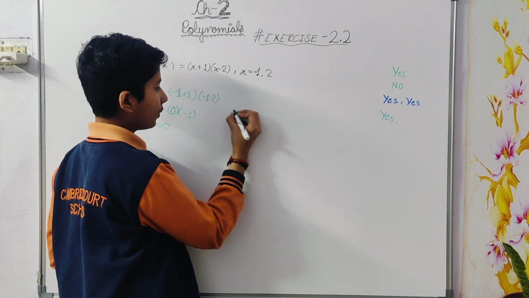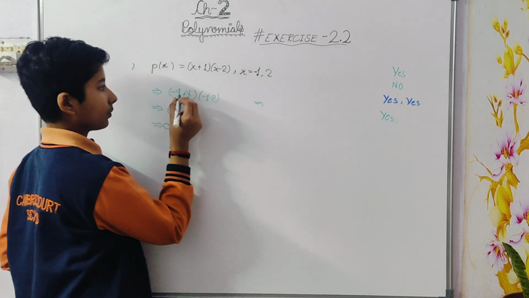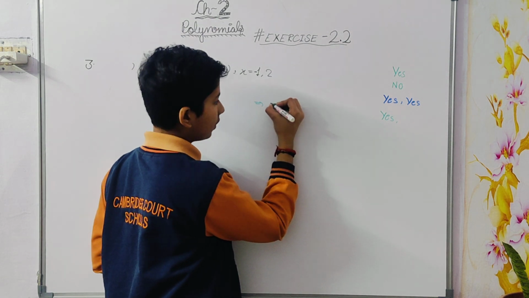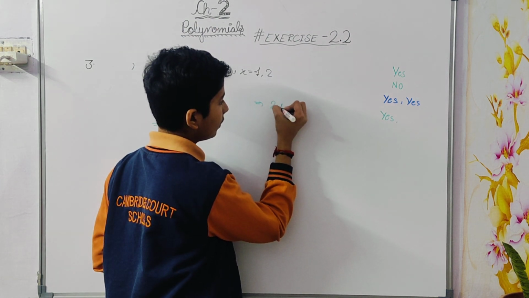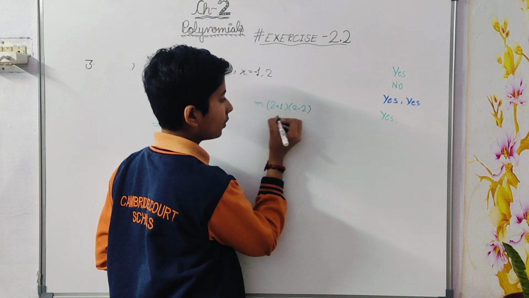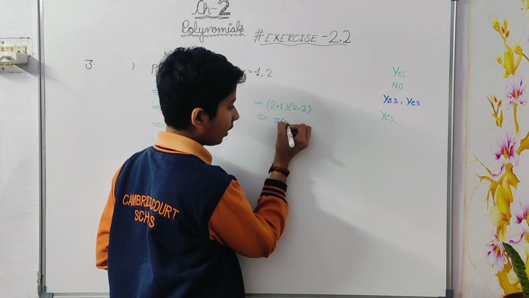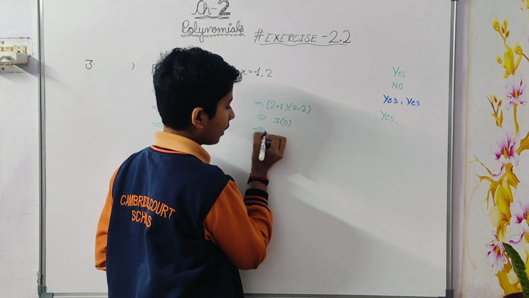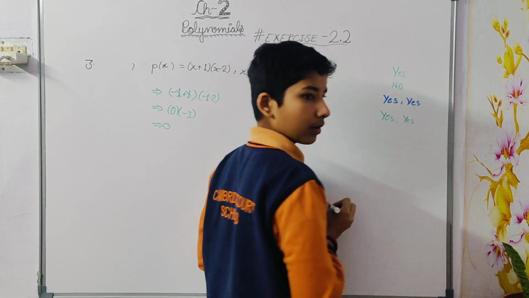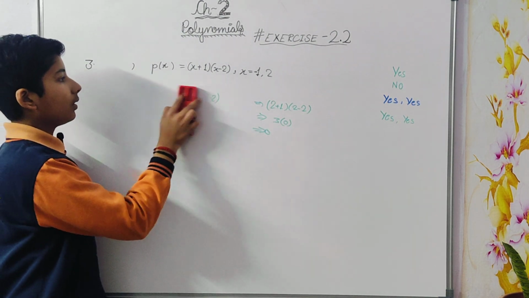Here for 2 we will do the same: 2 plus 1, 2 minus 2. Now 3 into 0 is again 0. So here also yes. So all of these are yes.